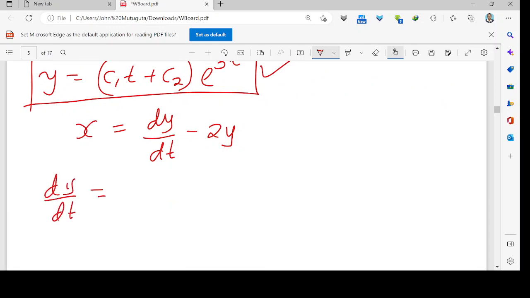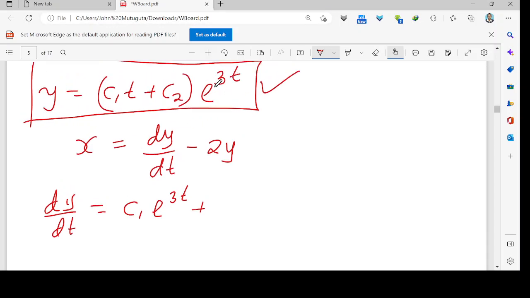The derivative of y with respect to t, notice that this one is a product, so we are going to use the product rule. If we differentiate the quantity inside the brackets, we get c1, so c1 e raised to power 3t. If we now differentiate the exponential function, e raised to power 3t, we get 3 e raised to power 3t.